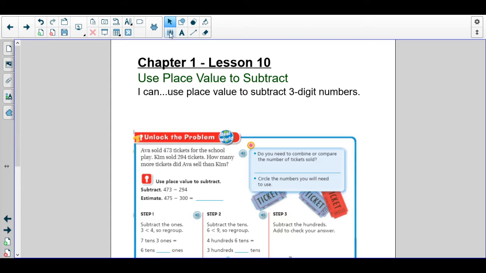Let's get right to work with Chapter 1, Lesson 10 in our third grade Go Math Volume 1 book. If you would be so kind as to turn to page 61. And there at the top of page 61, we can see that our goal for this lesson: I can use place value to subtract three-digit numbers.